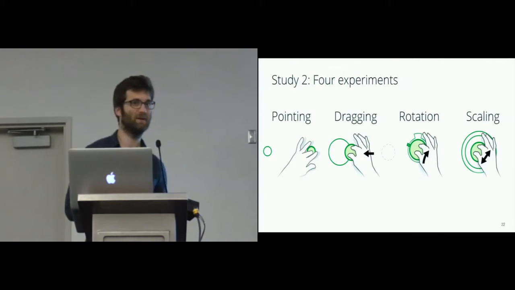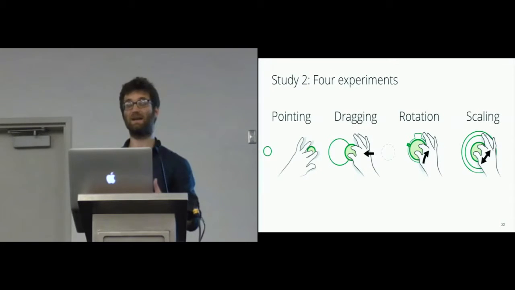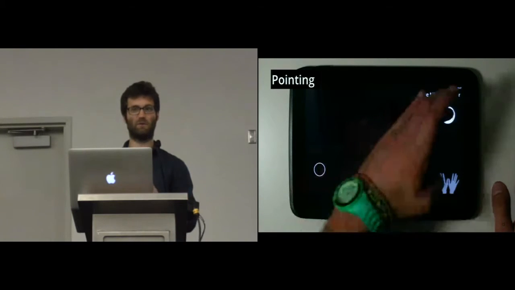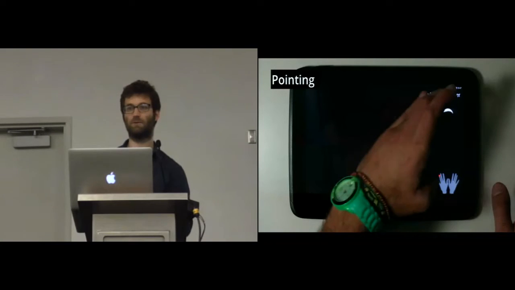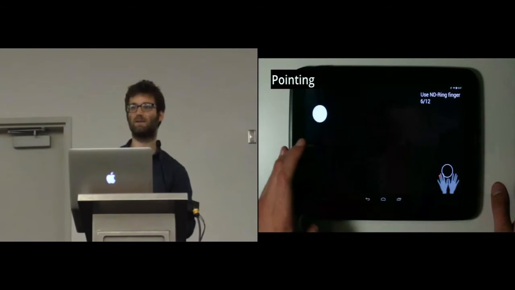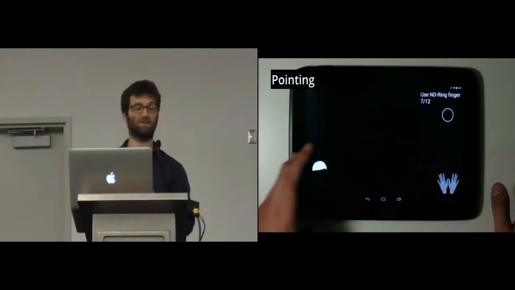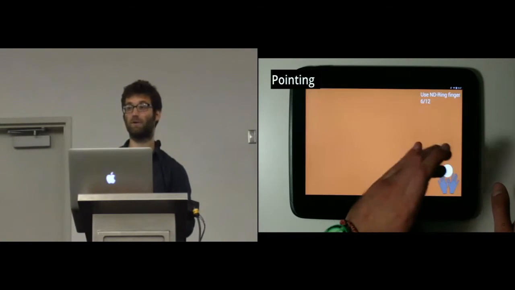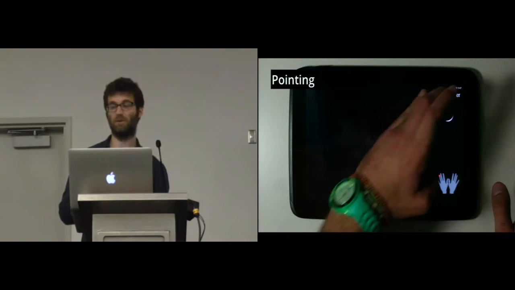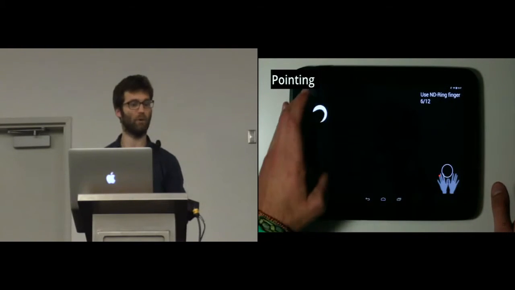The second study is therefore 4 Fitts-like experiments, which each tested a single task. We had a pointing task, where participants were required to tap a circular start area, and then tap a circular target area as fast as possible, keeping an error rate around 4%.